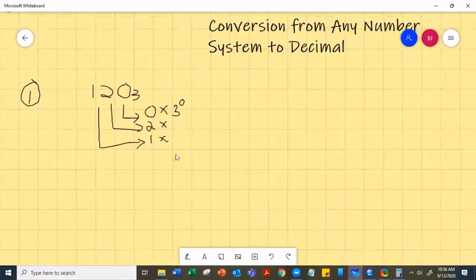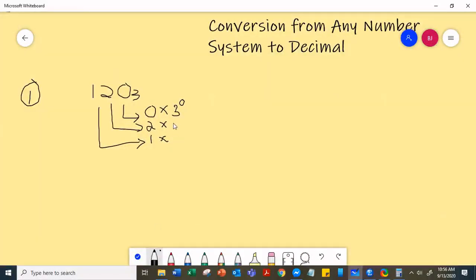So we have 3 exponent 0, 3 exponent 1, and 3 squared. Further simplification would show us 3 raised to 0 is 1, 3 raised to 1 is 3, and 3 squared is 9.